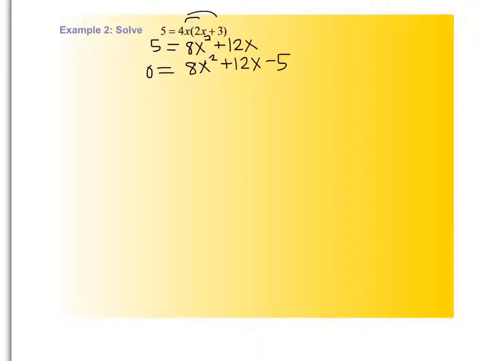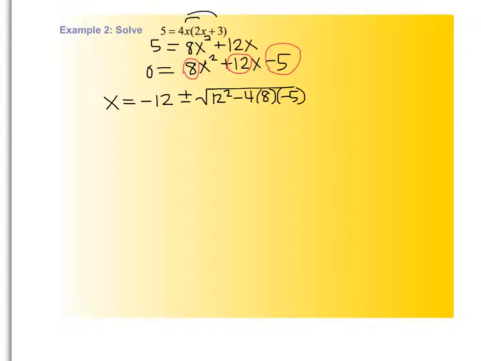So I can clearly see here my A is 8, B is 12, and C is negative 5. Include that sign there. So we have x equals negative b plus or minus the square root of b squared minus 4ac, where c is negative 5, all over 2a.